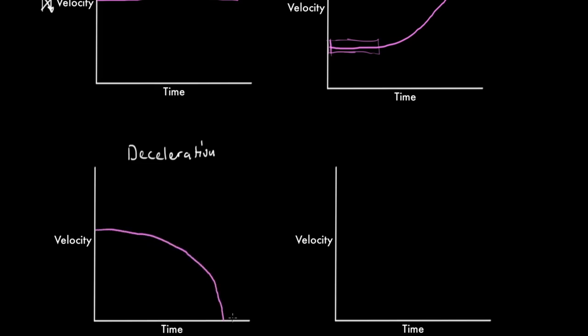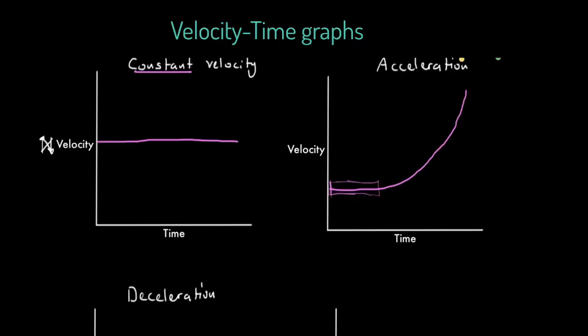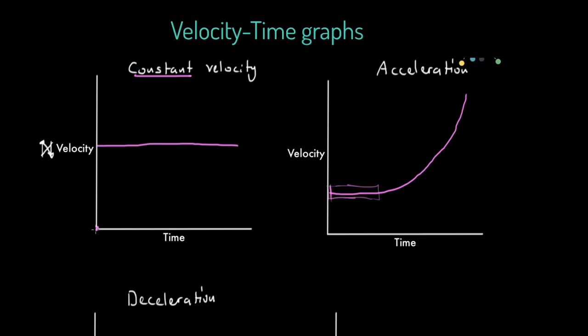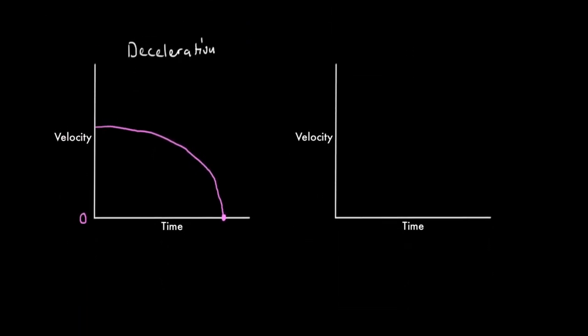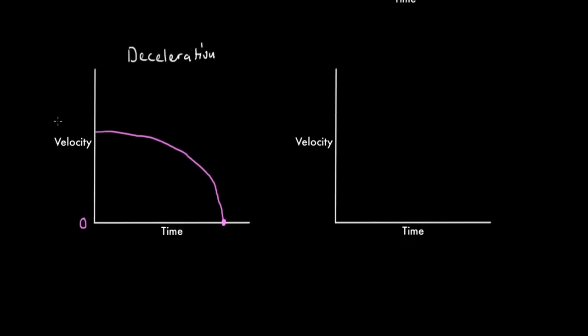And if it goes down steep enough, or far enough, it's going to come down to 0 meters per second. In other words, it's going to become stationary, right? By the way, if we'd had constant velocity at 0, as I mentioned before, that of course would have been here, right? Does that make sense? Okay, so constant velocity, a stationary object would be at 0 velocity. So we've got this deceleration point that's taking place there.